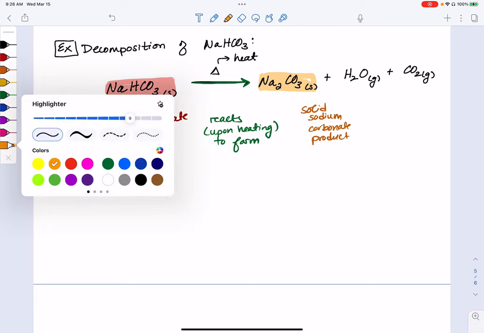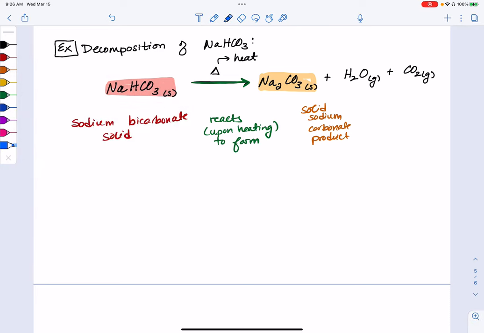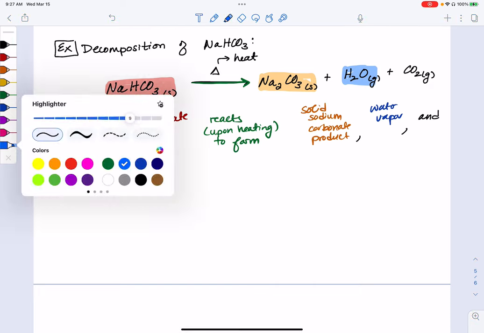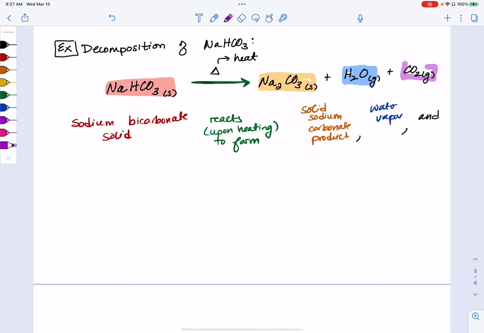I've also made gaseous water or water vapor. And lastly, our final product here, carbon dioxide gas.